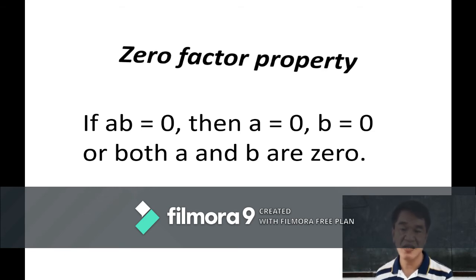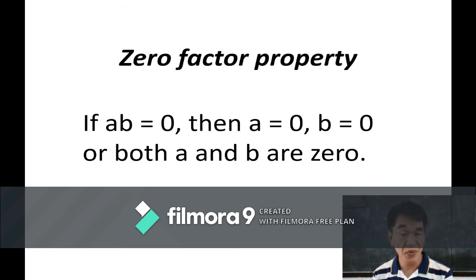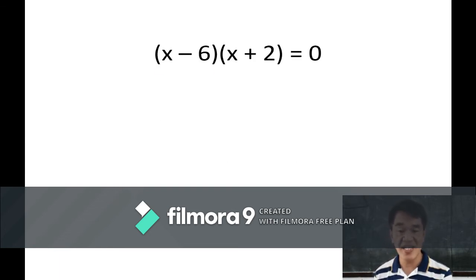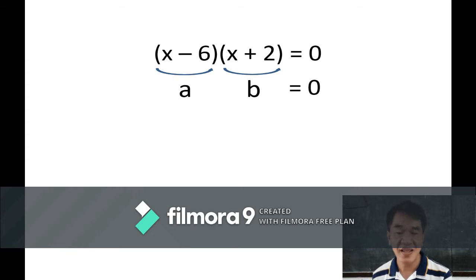So, this particular property tells us that we can equate each of these factors to 0 because after all, the product of these two factors is 0. Just like here. Okay? Suppose that your x minus 6 is A, your x plus 2 is B. Since their product is equal to 0, then we can equate each factor to 0.